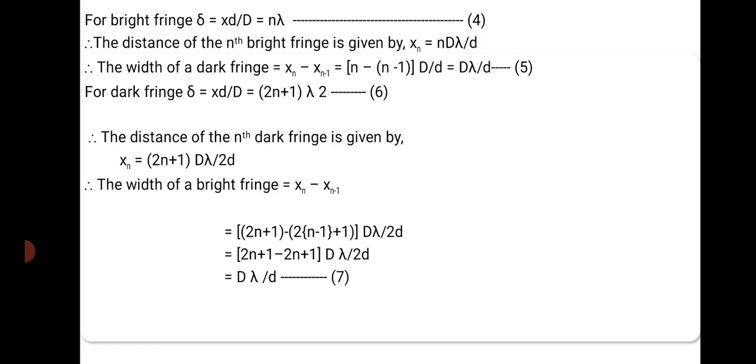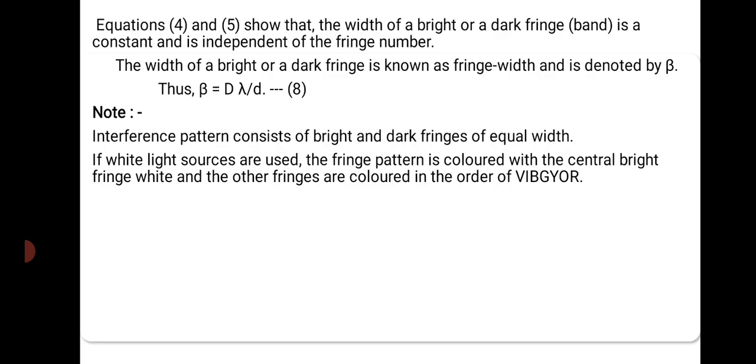Therefore, the width is x n minus x n minus 1, which is equal to [(2n plus 1) minus (2(n minus 1) plus 1)] D lambda divided by 2d. Here 2n and minus 2n cancel, 1 plus 1 is 2, and the 2s cancel. Therefore, you are left with D lambda divided by d, equation number 7.